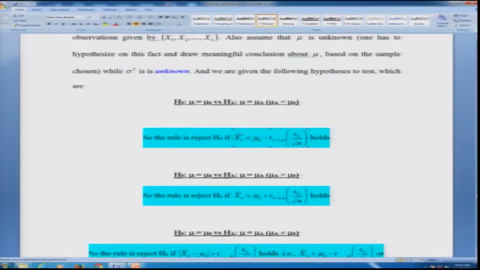This would be x bar n, the sample mean for a sample size n, being less than mu naught under H naught, minus T suffix n minus 1, as you have already lost 1 degree of freedom. Importantly, it will be alpha because it is one sided, and in place of sigma you replace it by Sn, and the square root of n remains the square root of n, being divided in both the Z distribution case and the T distribution case.